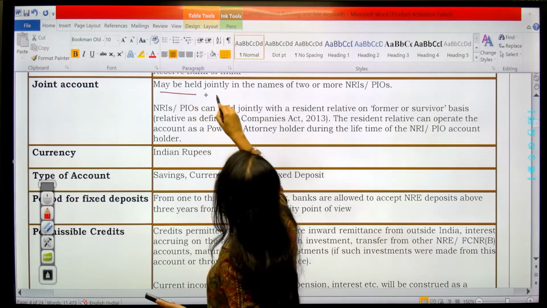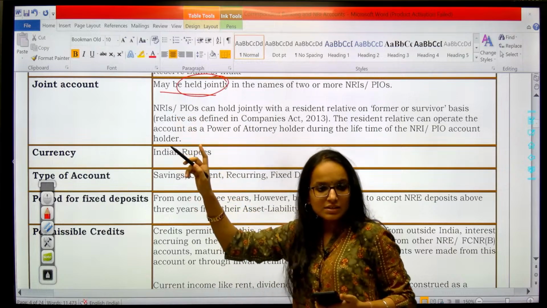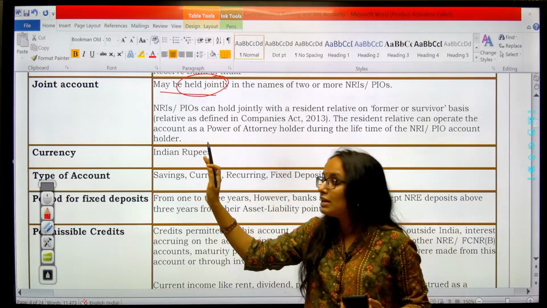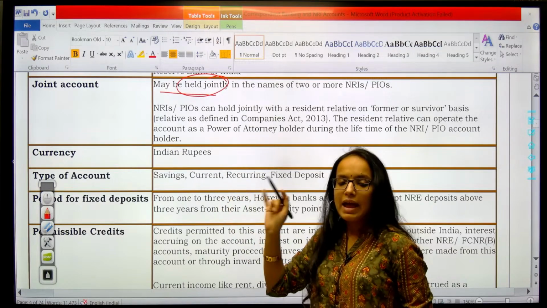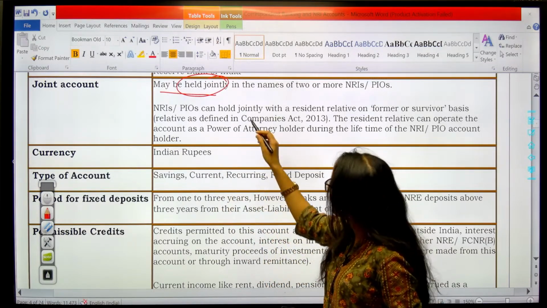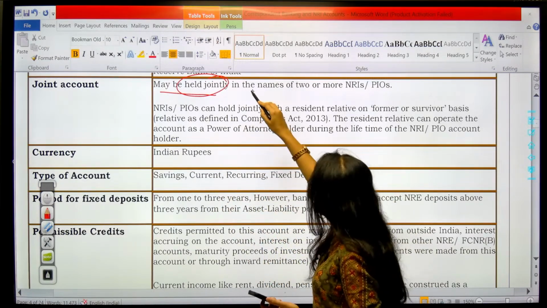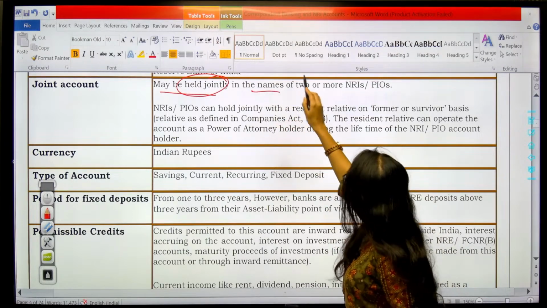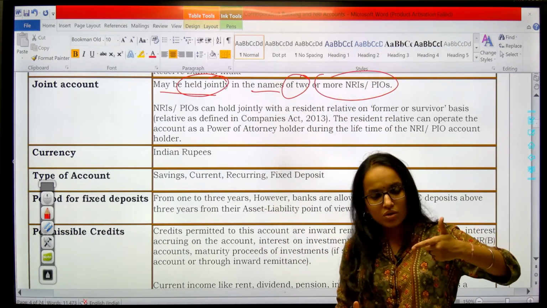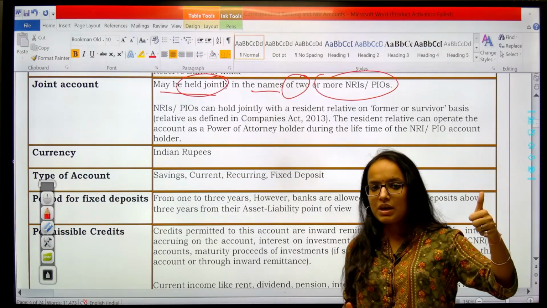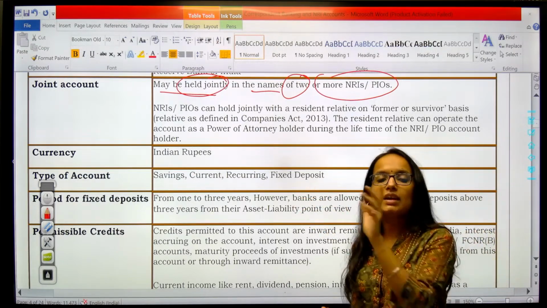It may be held jointly. Yes, there is a provision. So an NRE account can be a joint account. It can be held jointly in the names of two or more NRIs or PIOs. So two or more NRIs or PIOs can have a joint NRE account.